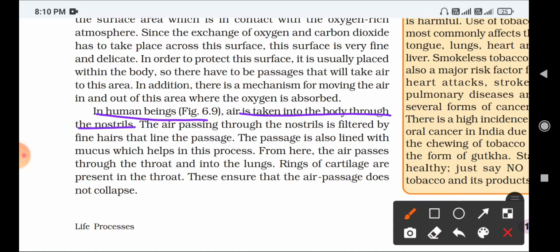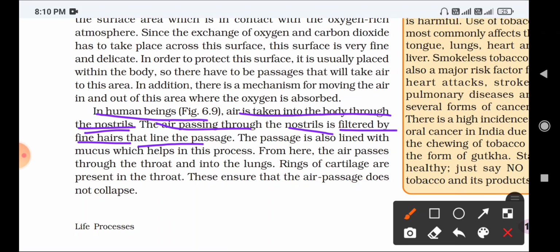The air entering the nostrils is filtered by fine hairs that line the passage.